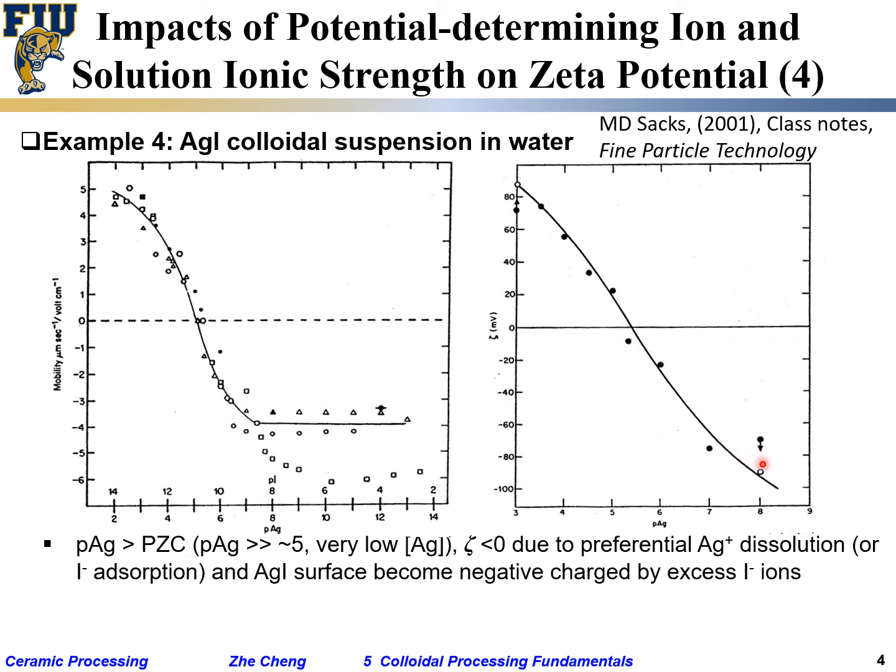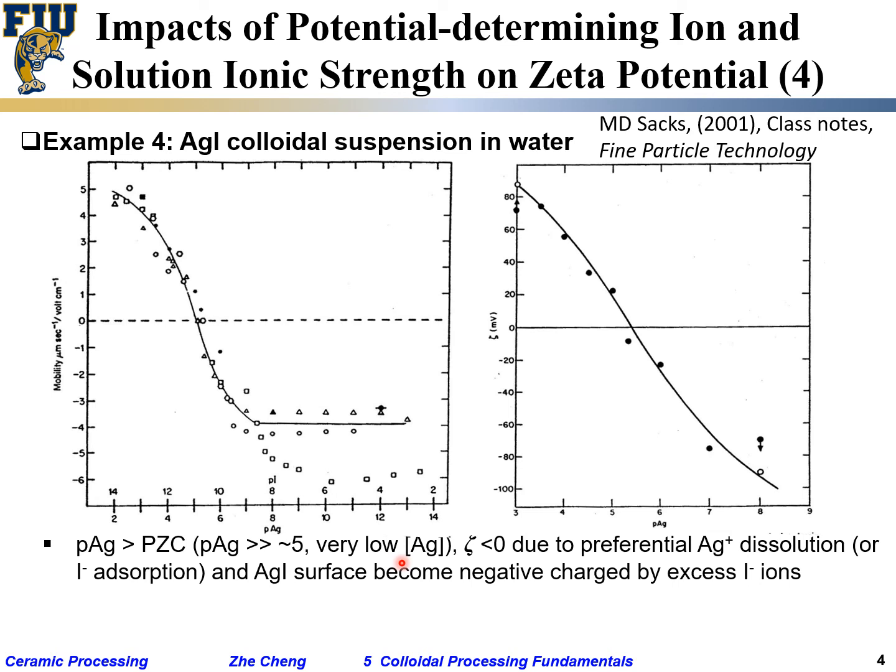And then, as we go to PAG greater than this PZC, point of zero charge, which means PAG is much higher than this value, again, PAG much greater than 5. Remember, PAG much greater than 5 means the solution has a low concentration of silver.